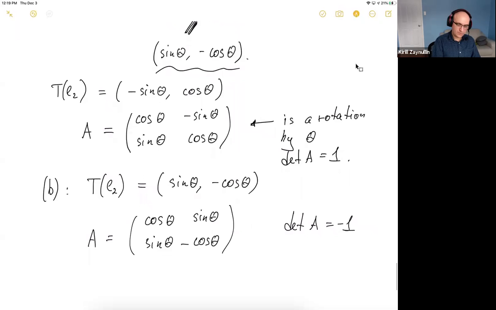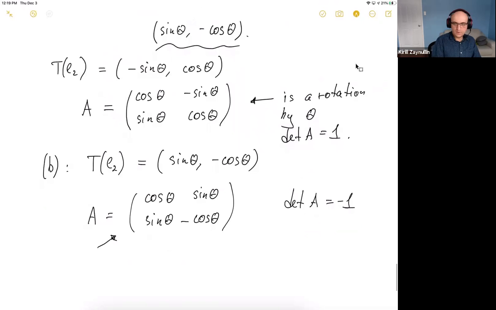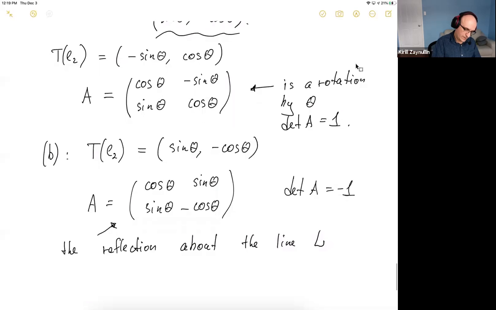And if you look carefully at what such a matrix does with the vectors, this is the reflection about the line L. The line L has the angle theta divided by 2.